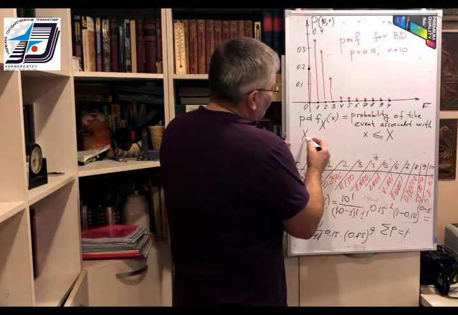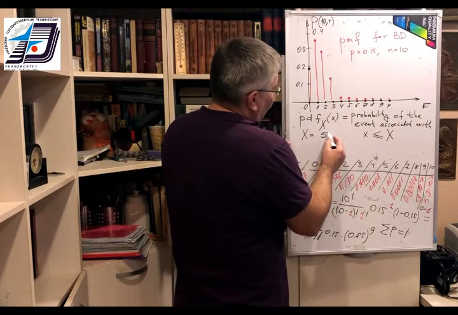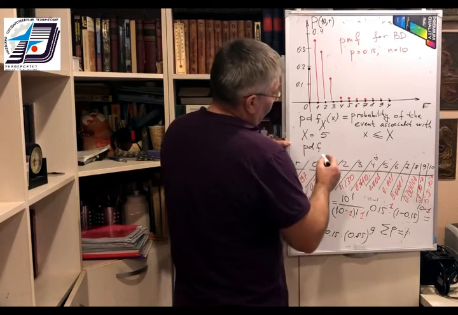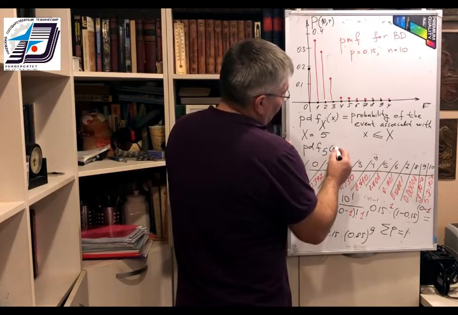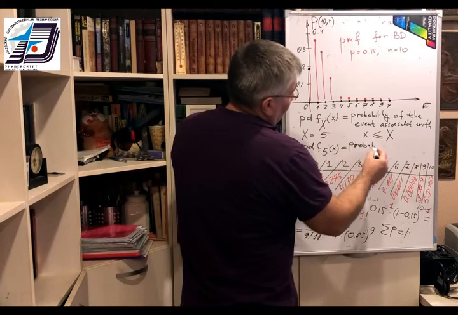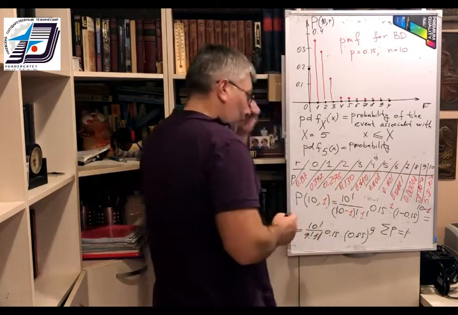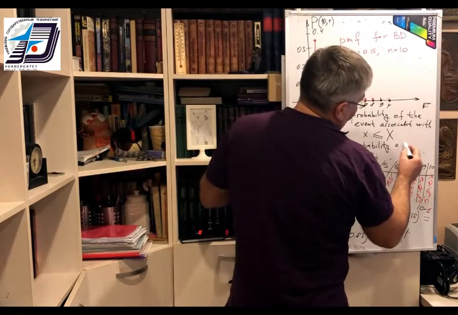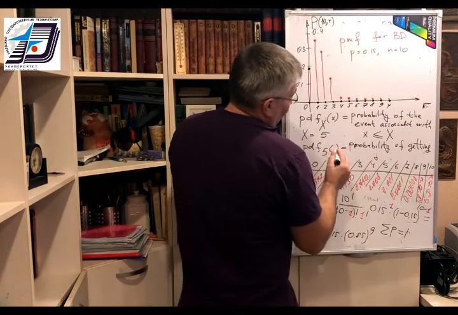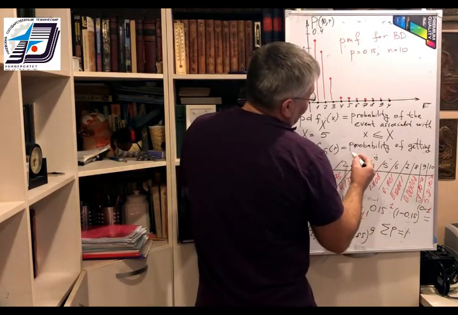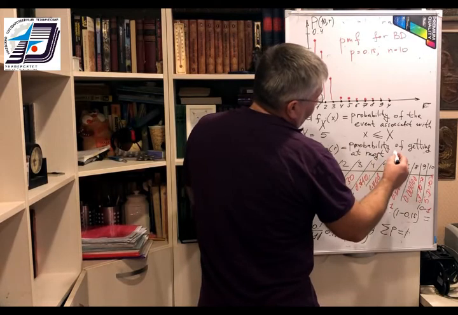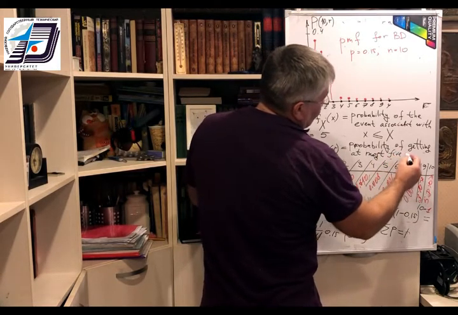So for example, x capital equals 5. The PDF of 5 is the probability of getting R, I put here R, of getting at most 5 successes.